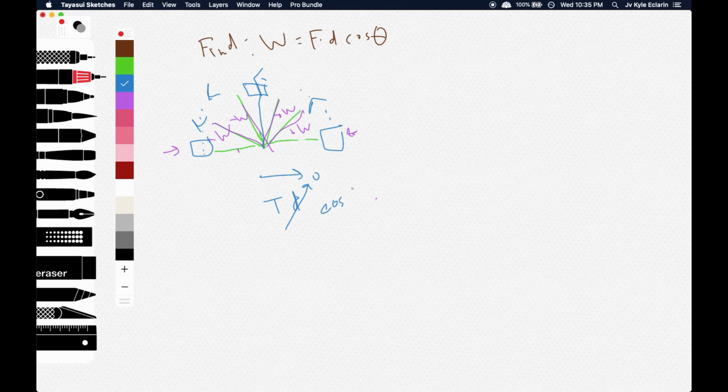Additionally, if you look at cosine of theta, theta in this case would be 90 degrees. And cosine of 90 degrees is also 0. So for the case of the stone being in the very middle, it would also be 0. So if you add all the work up, it would actually equal 0. So there's actually no work done here.